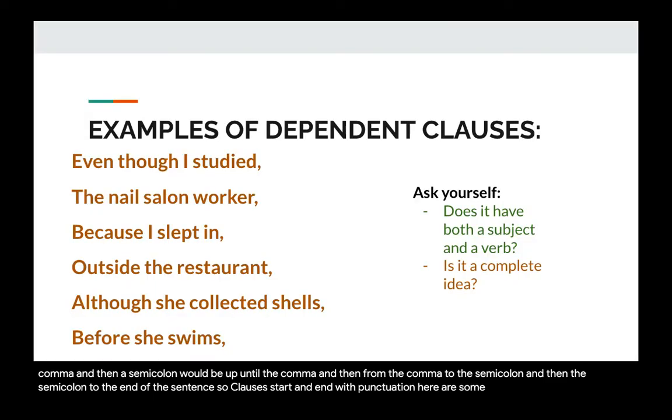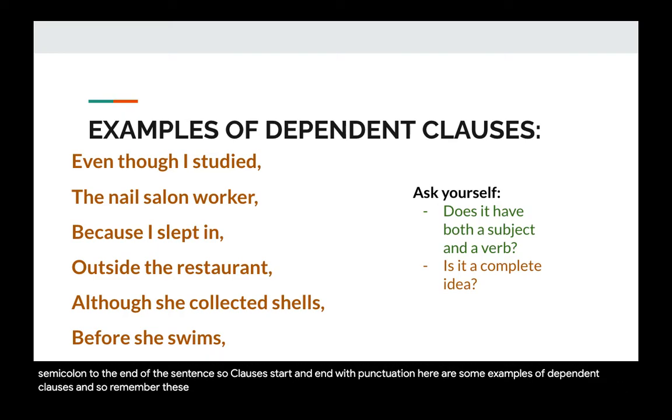Here are some examples of dependent clauses. And so remember, these are the types of clauses that are missing a subject or a verb, or is not a full action or idea. So here, even though I studied, so I is the subject and studied is the verb.